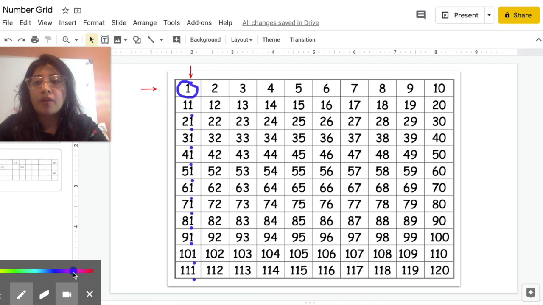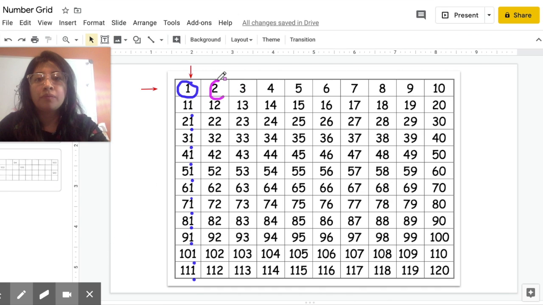If I go and I say, okay, let's see if this maybe only happened with the number 1. So let's look at the number 2. The number 2 is just the number 2, which means it's only in the ones place. And then I'm going to go down the column and I'm going to notice that the number 2 is always in the ones place.